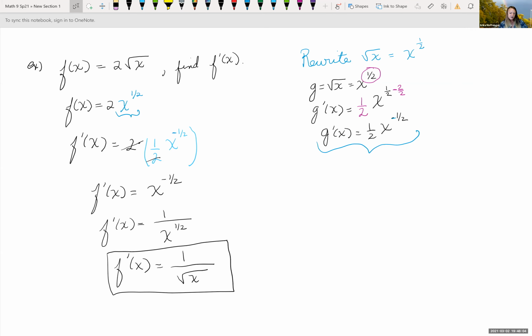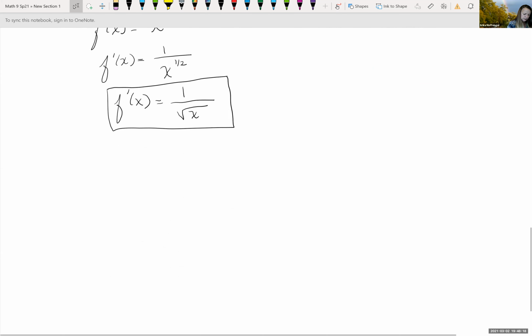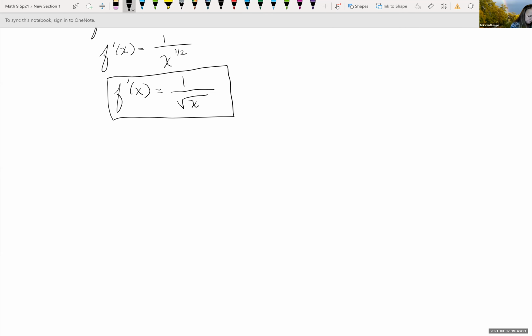So we can find derivatives if we have multiple terms. Basically, you're just going through and taking the derivative of each term. And that was another rule. So maybe we'll write that rule down really quickly, and then we'll stop there.